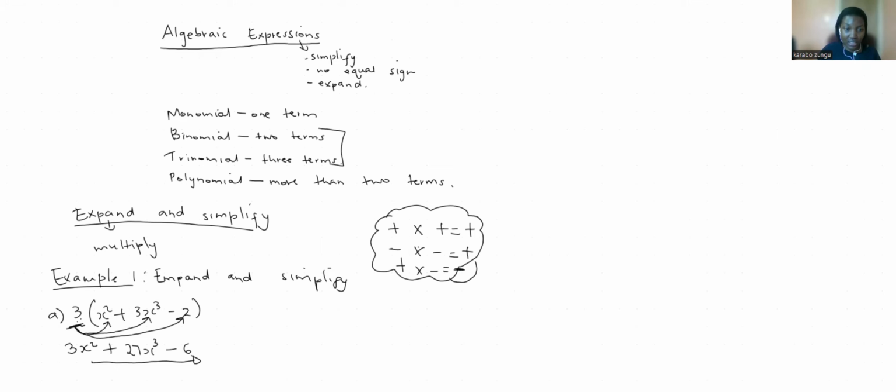The reason we say these are 3 terms is because they are separated by a plus and a minus. So when you look at this whole thing, you see x squared plus 3x cubed, that's 1 and 2. And then there's a minus there, and then there's a 2. So now you have the third term.